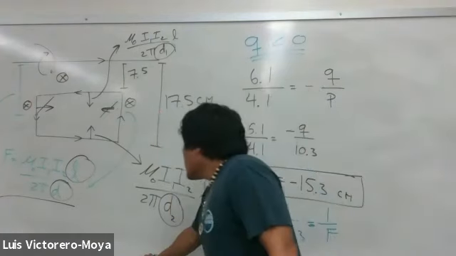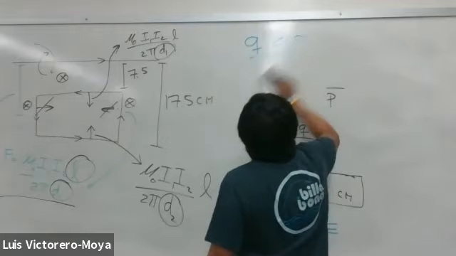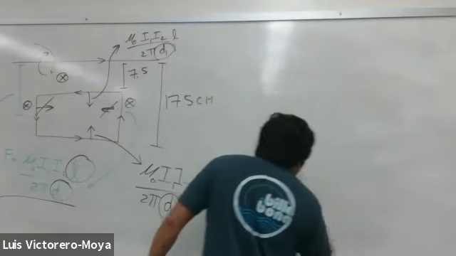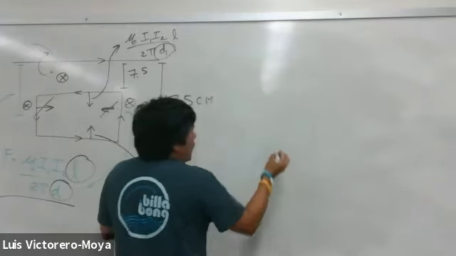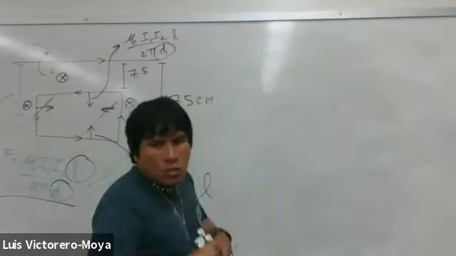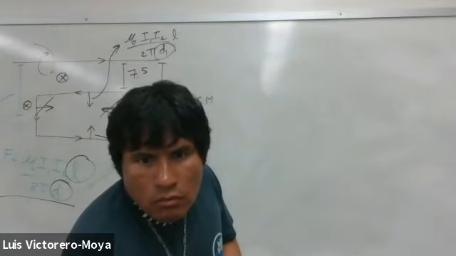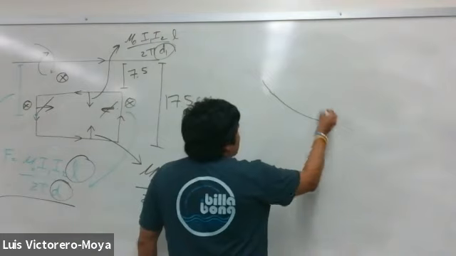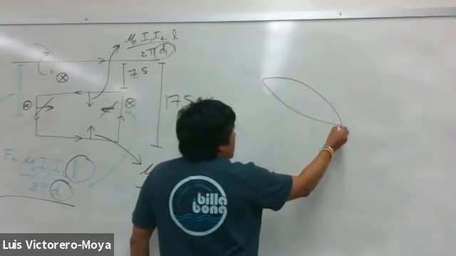All right? For the question 3, they gave you a loop at some angle. It's a circular loop. It doesn't look circular because it's at some angle.